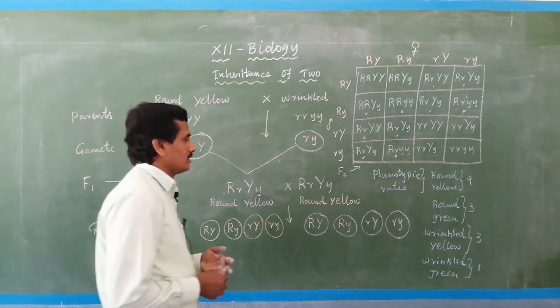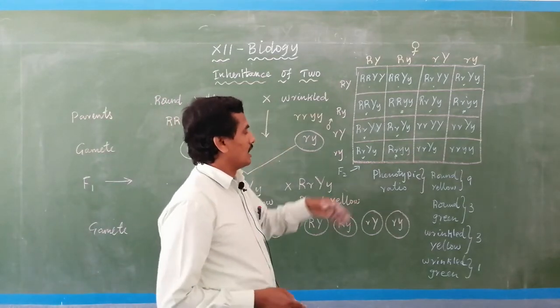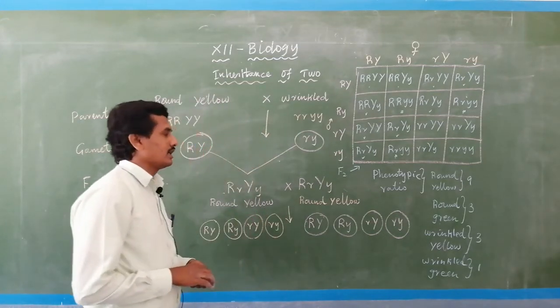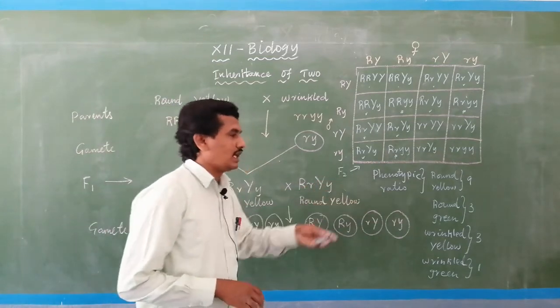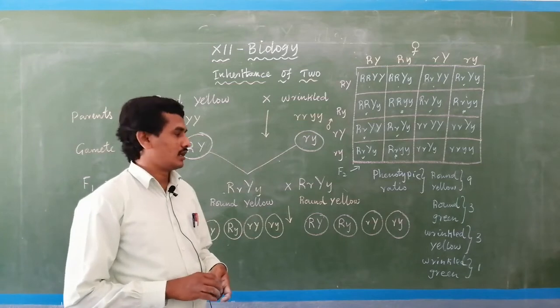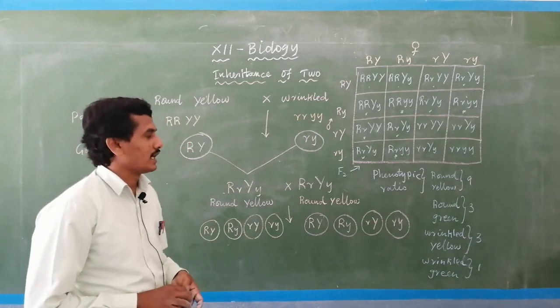Mendel performed the dihybrid cross with two-charactered garden pea plants and identified the phenotypic ratio, the external characters of the plant. In the F2 generation, the ratio is 9:3:3:1. So totally 16 plants are produced in the ratio of 9:3:3:1.